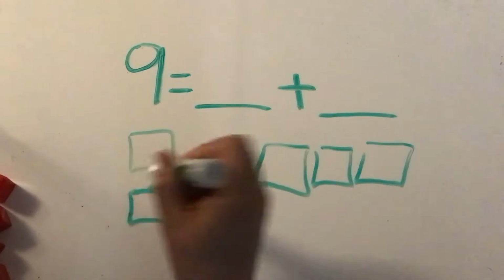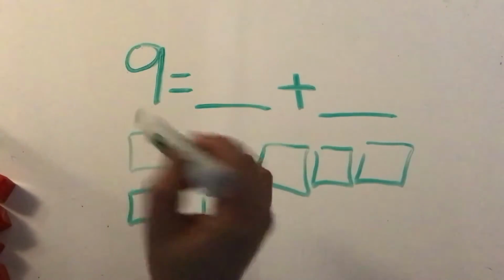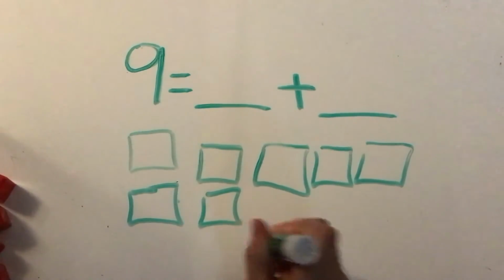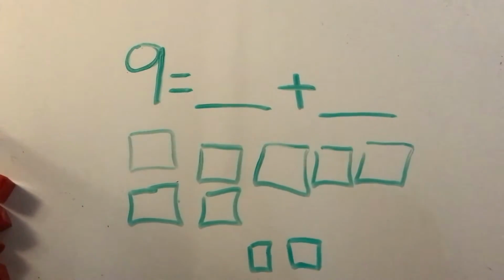And then I know that I have 9 blocks altogether, so 2 of the blocks are going to be small. I have 9 blocks altogether, 7 are large and 2 are small.